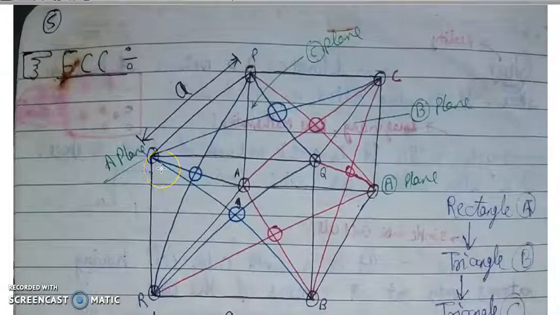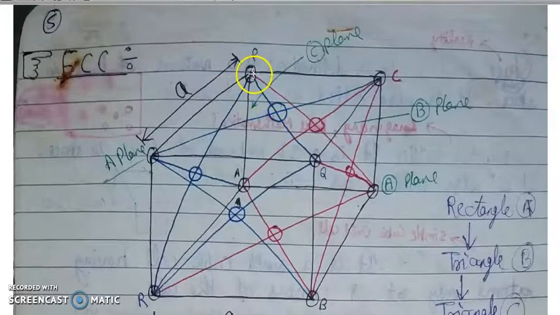As you can see in the diagram, there are a total of 3 planes A, B and C. In this whole cube, the distance between two atoms is a, which is your lattice parameter or lattice distance. Besides the atoms at the corners, there are some atoms on the faces as well.